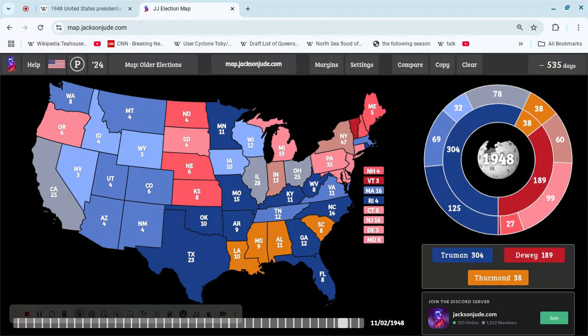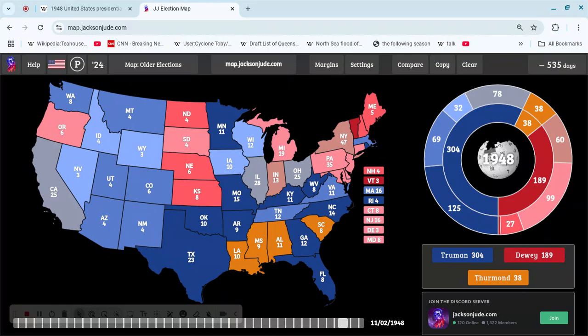Obviously, we don't know exactly how things would have gone in Maryland and Michigan, so that involves an assumption. I'm pretty confident that Dewey would have lost New York if not for Democrats splitting the vote. The reason why I'm more confident on New York was because in the other 2 states, you would have needed almost all Wallace voters to support Truman, and obviously some of them may not have voted, or they may have supported Dewey instead.